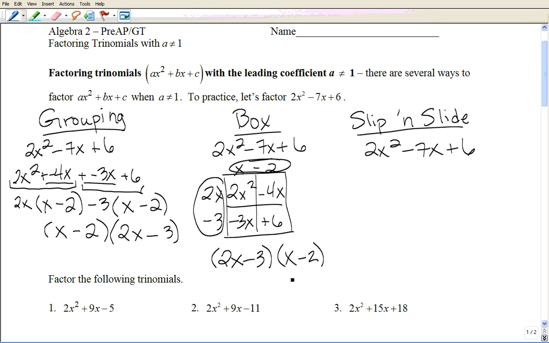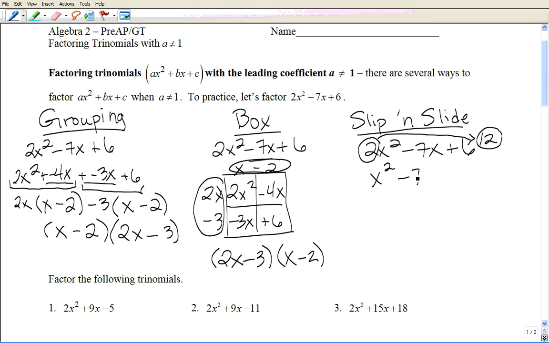And then finally we have the slip and slide, which is personally my favorite method. So what we do is we look at the first term of 2. And you slip it over here, and 6 times 2 is 12. So now, instead of 2x squared in the front, I'm going to have an x squared.